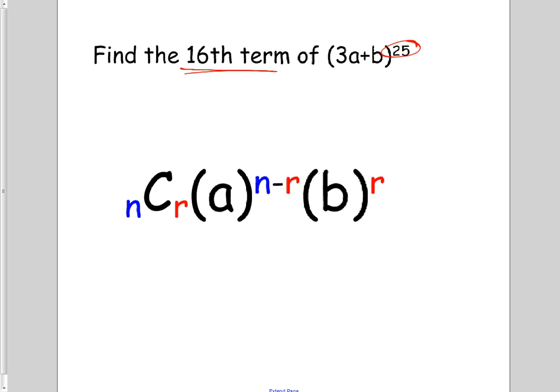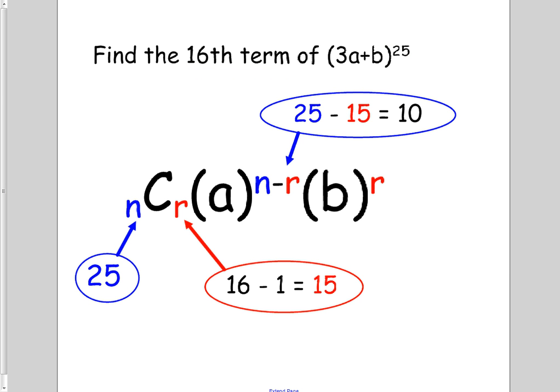But I'm only looking for one term, not the entire expansion, so I can piece together a shortcut. One observation is that whatever this exponent is, that's what I start with in my nCr.